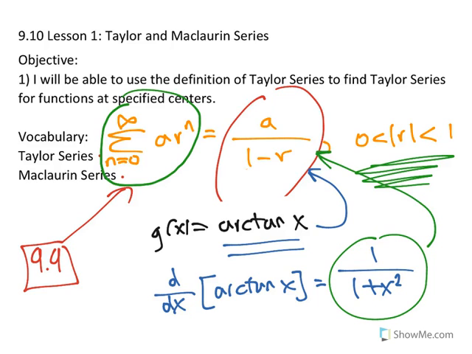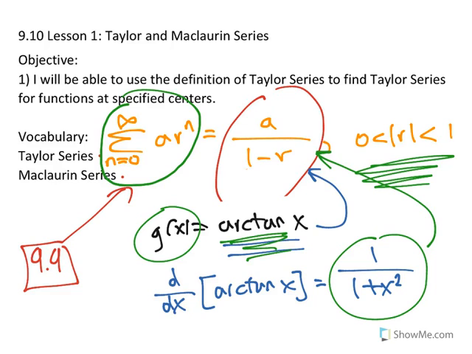So we were able to write a geometric power series for the derivative of g. So we could integrate our geometric power series to find a power series for the arctangent function.